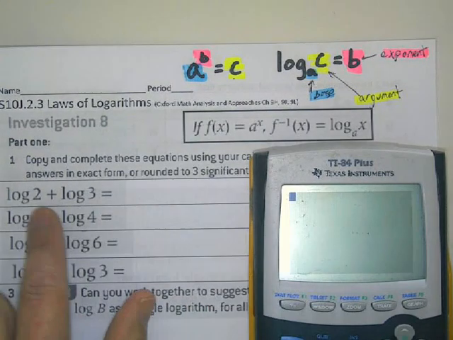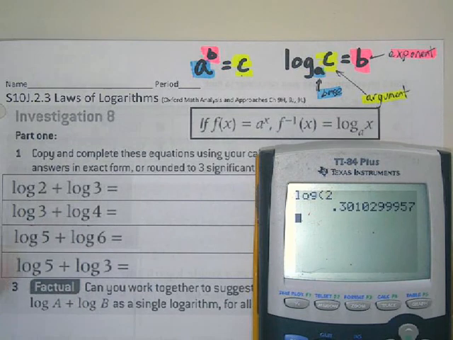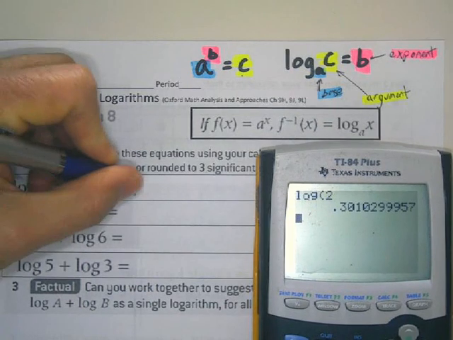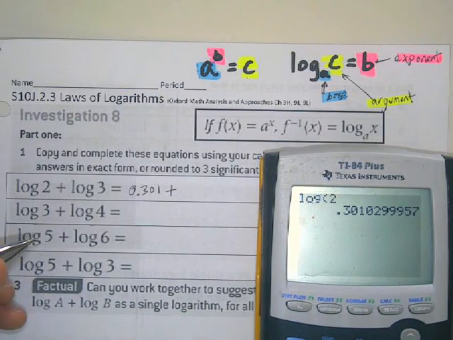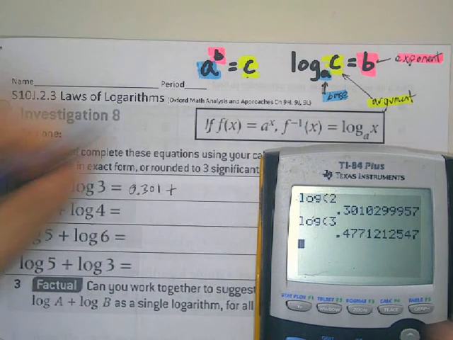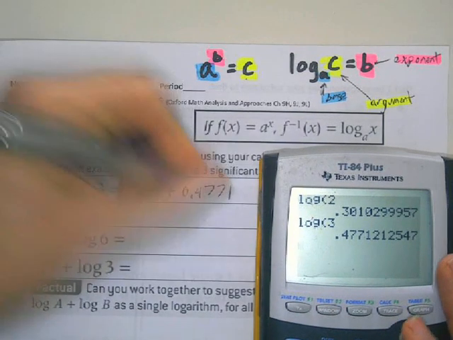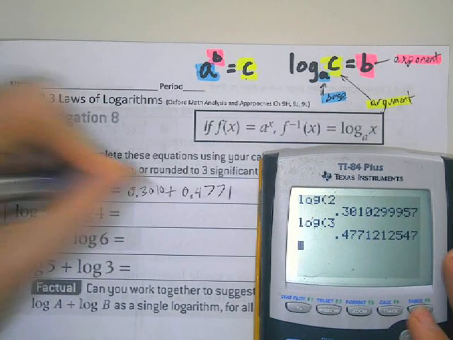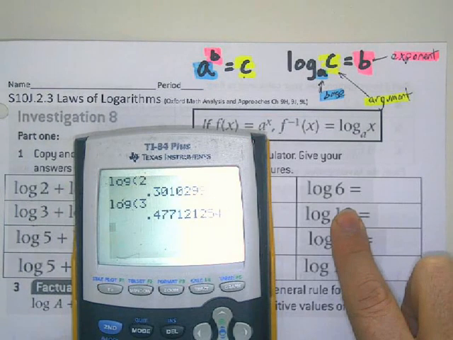So right now we're just going to do a little experiment. We're going to type in log 2. What do we get? We get 0.301. And log 3, what do we get? We get 0.4771. And let's see what happens if we type in log 6.